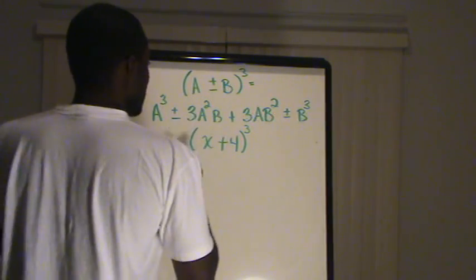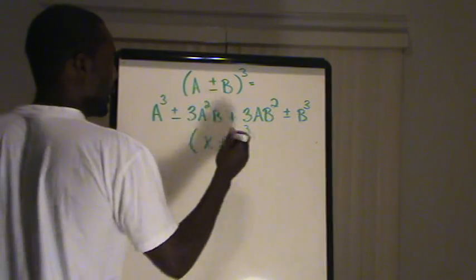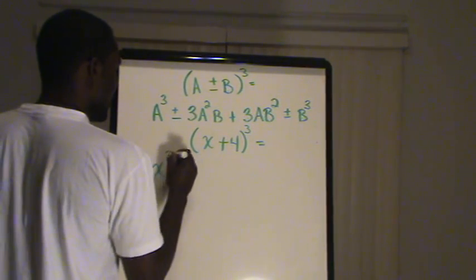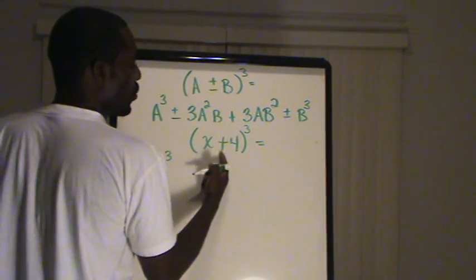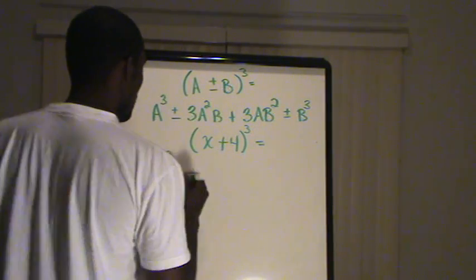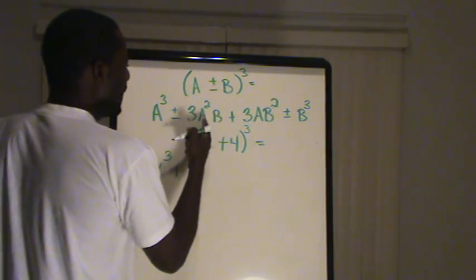If I do this, the expansion tells me to take the first term and cube it. So I take x and cube it, which is x cubed. The plus or minus depends on whether we're adding or subtracting, so since we're adding, the next term will be plus. Let's break this down.